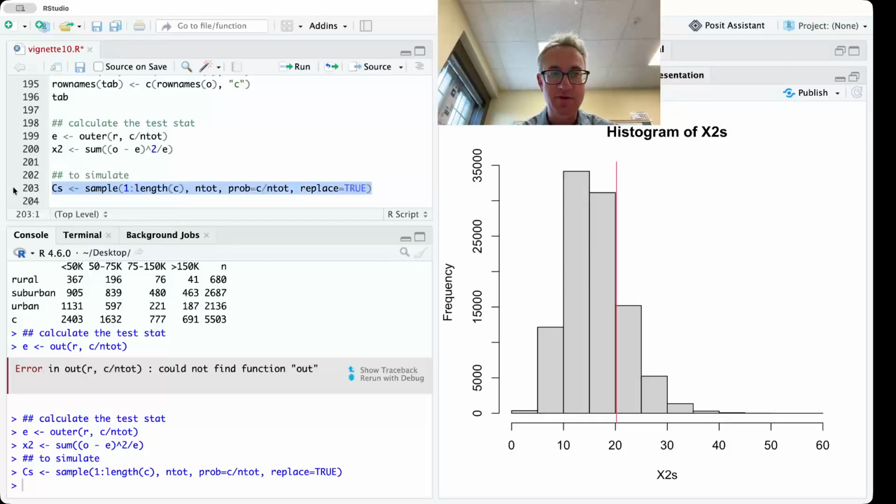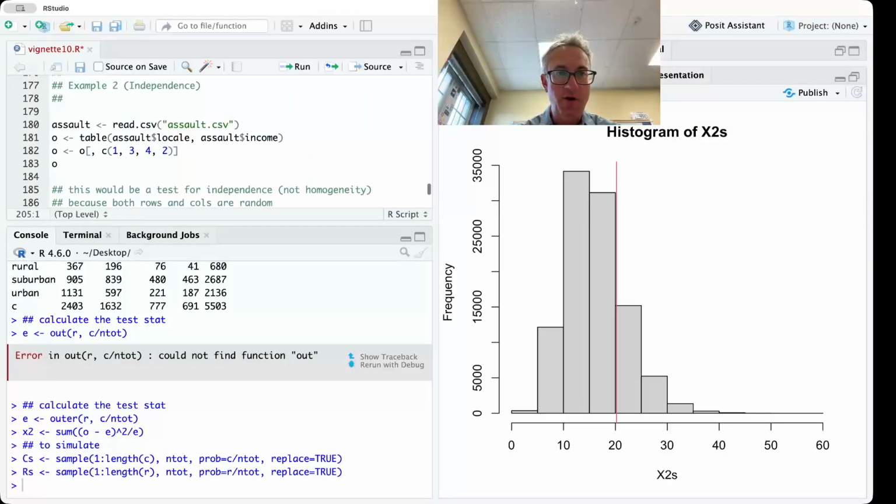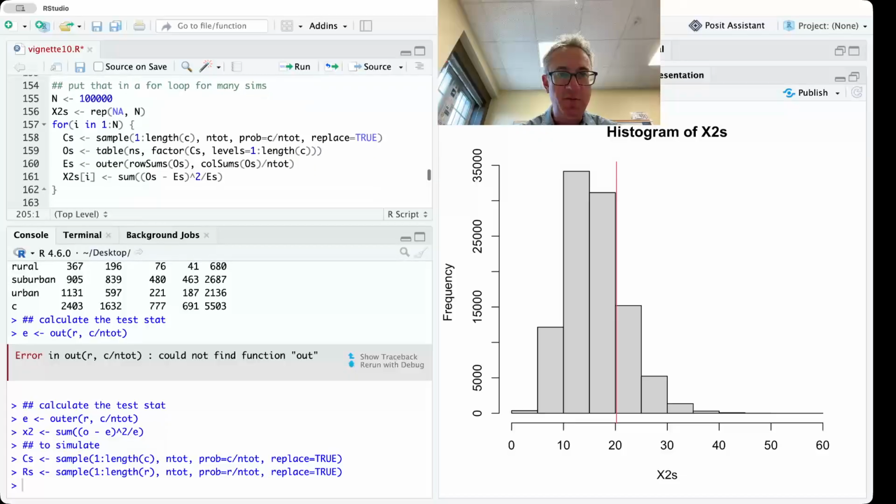So I need to do the same thing for the rows, but I better get everything flipped. Right, so that should give me the rows. Now I can borrow the simulation loop that we had up here.